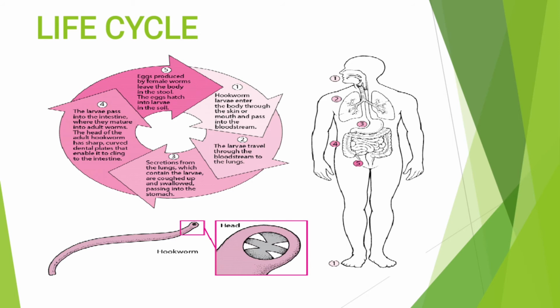As you can see in the lower part, you can see the head of this hookworm. It has sharp teeth that enable it to suck blood in order to survive.